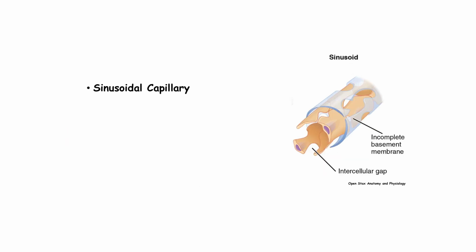The third type of capillary that exists is called a sinusoidal capillary. And what you'll see here is that it has much bigger openings within those endothelial cells. So they have these unusually large fenestrations.